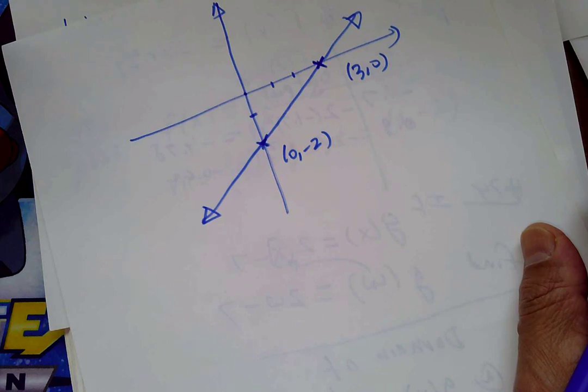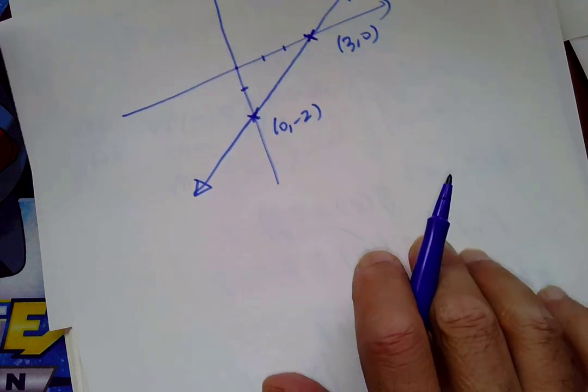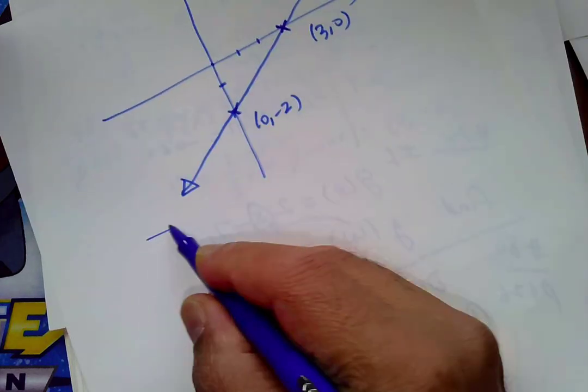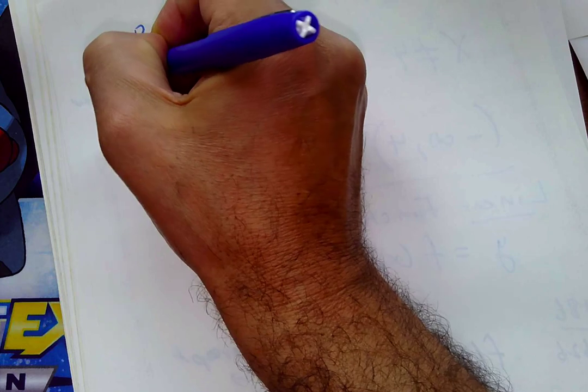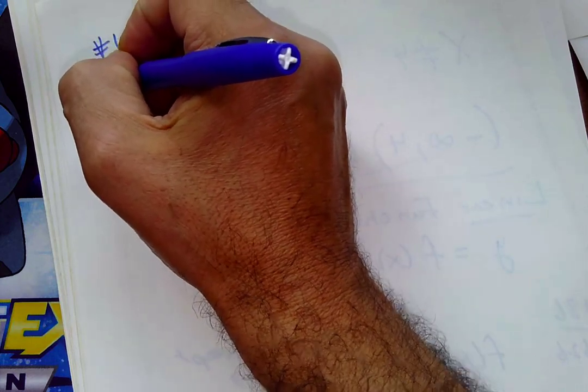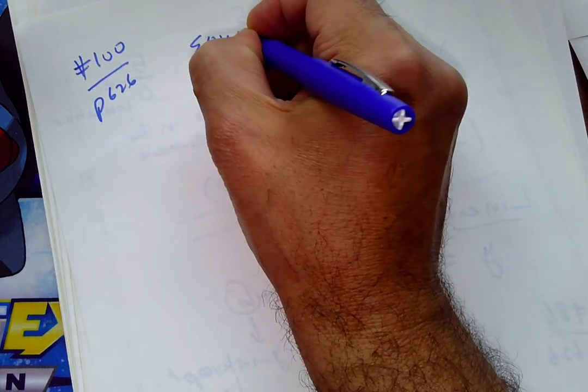Well, let's try 100, page 626. Number 100, page 626. It says write the equation of a linear function.